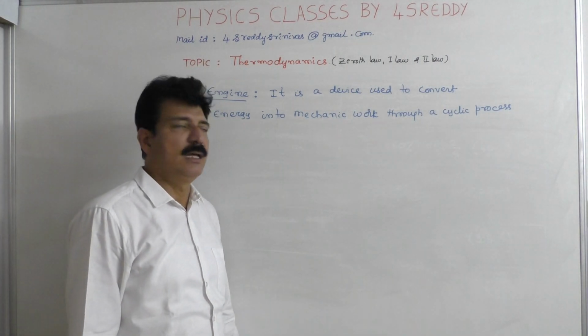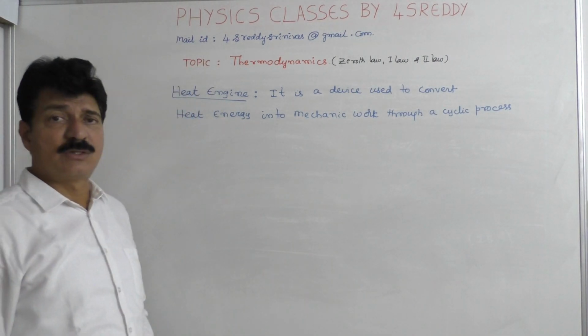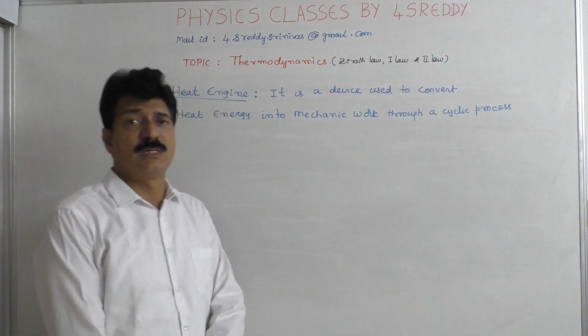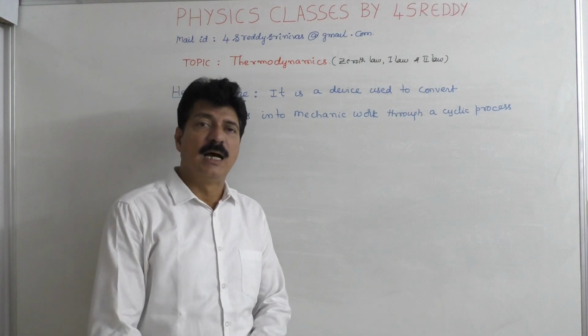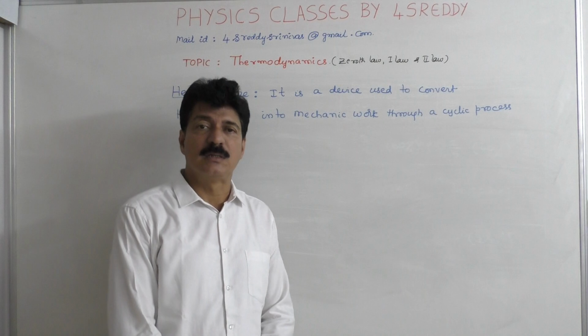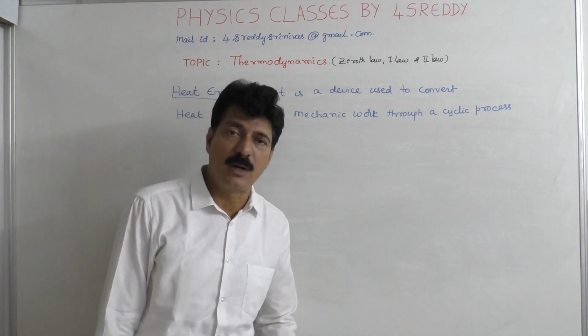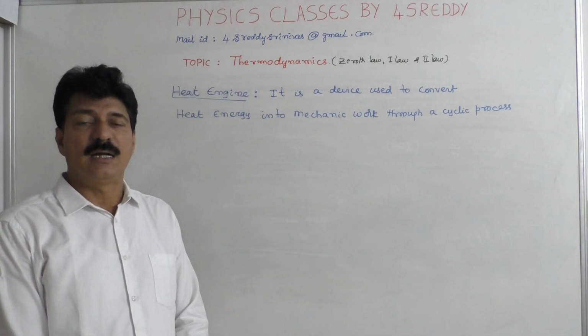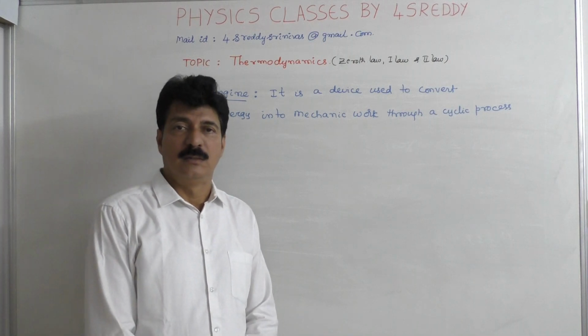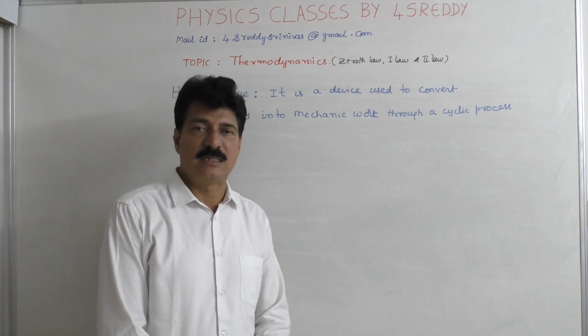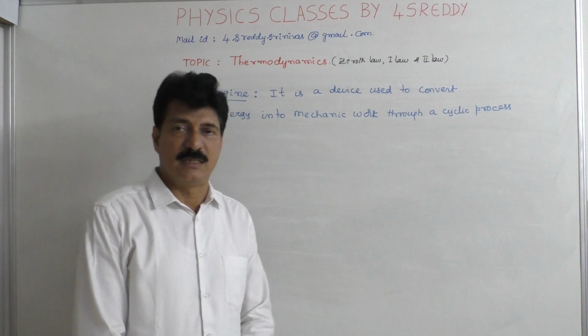And this is a reversible heat engine also. You have two types of process. One is a reversible process, the other is an irreversible process. A reversible process is one which can retrace its path to come back to its initial state with small changes.